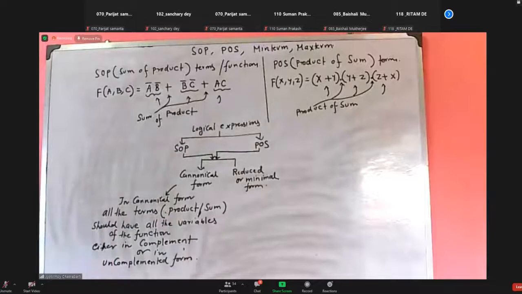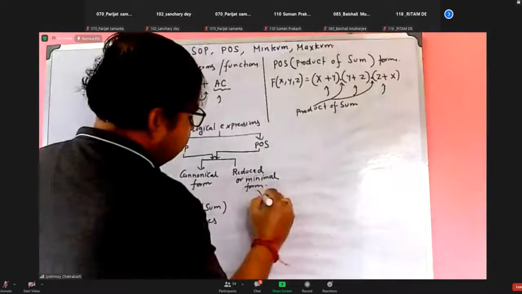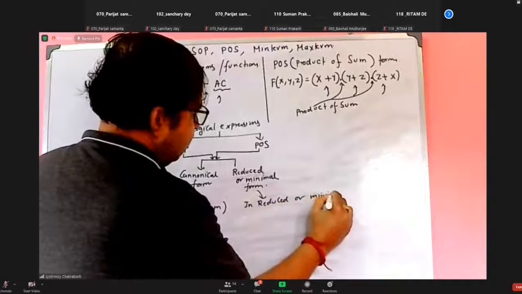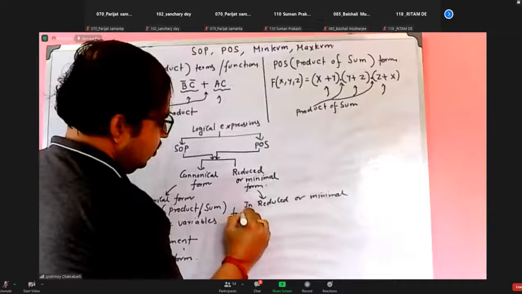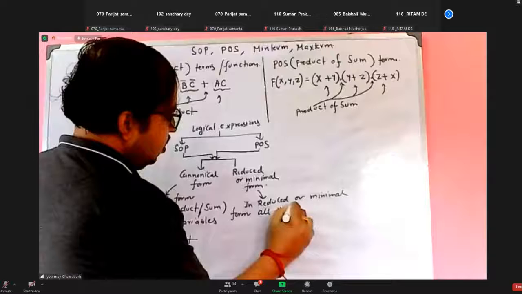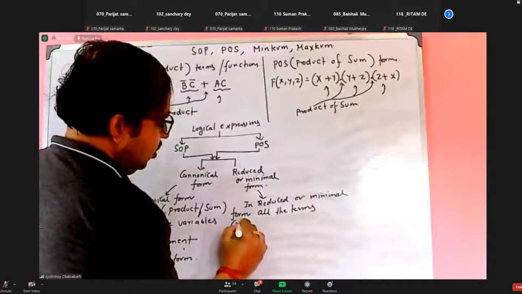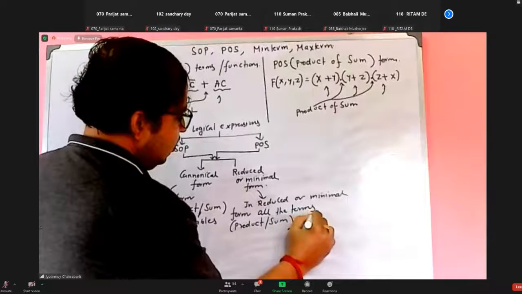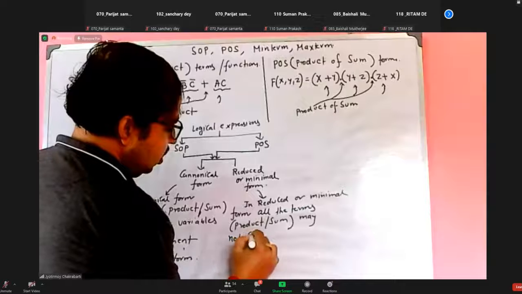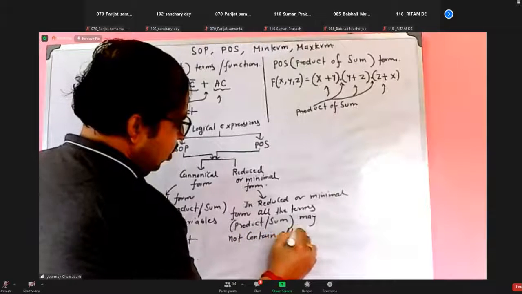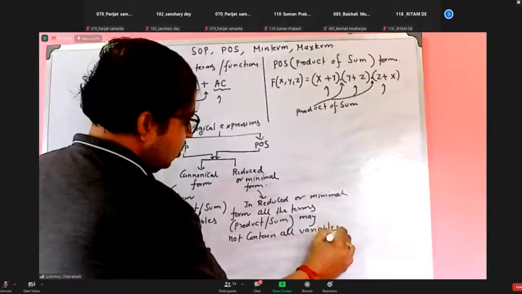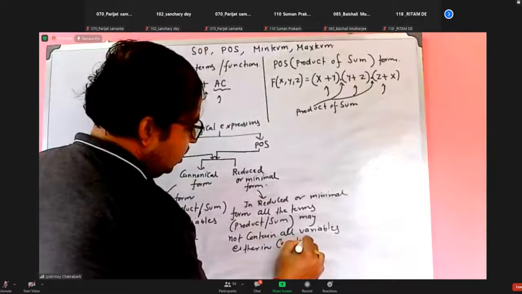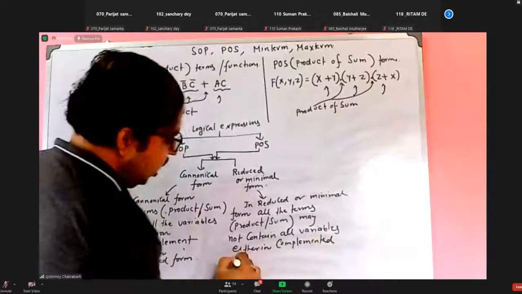Okay, so in reduced or minimal form, all the terms, product or sum, may not contain all variables either in complemented or in uncomplemented form.